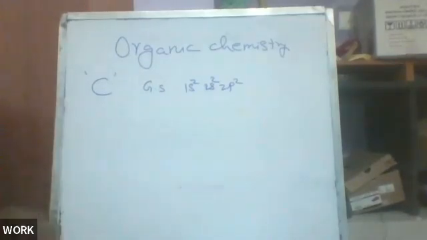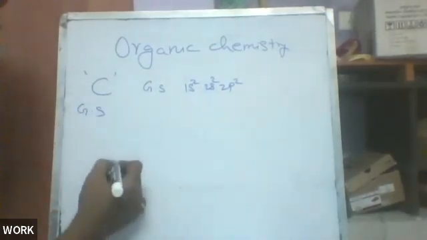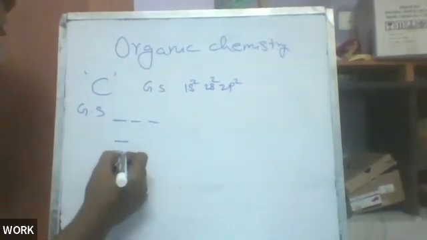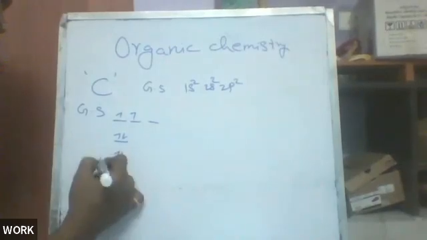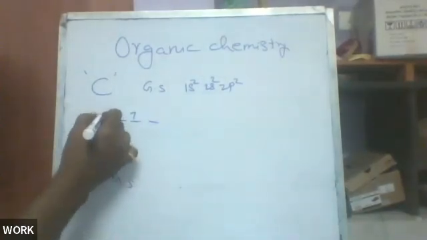To account for the tetravalency, the carbon in the ground state has 1s, 2s, and 2p, that is 1s2, 2s2, and 2p2.